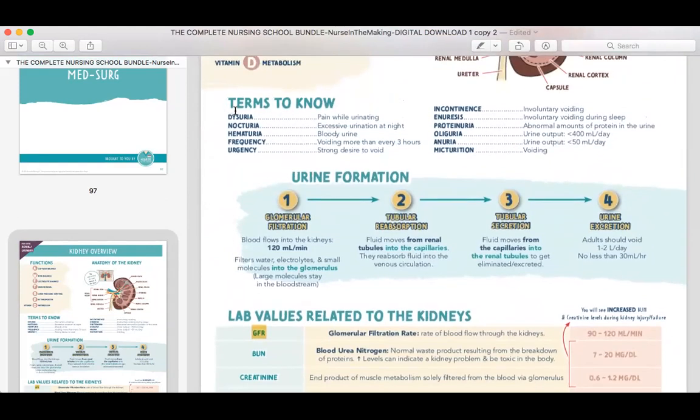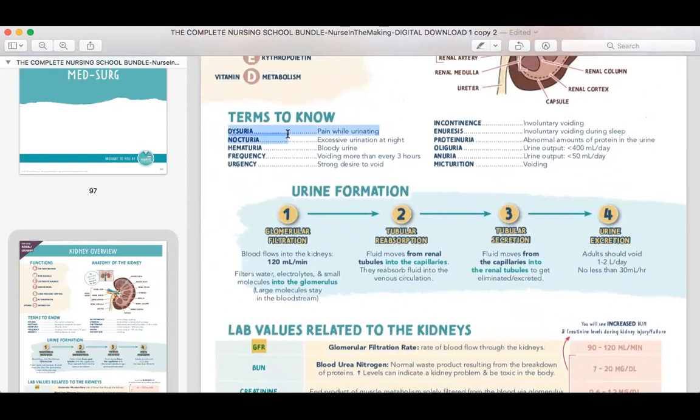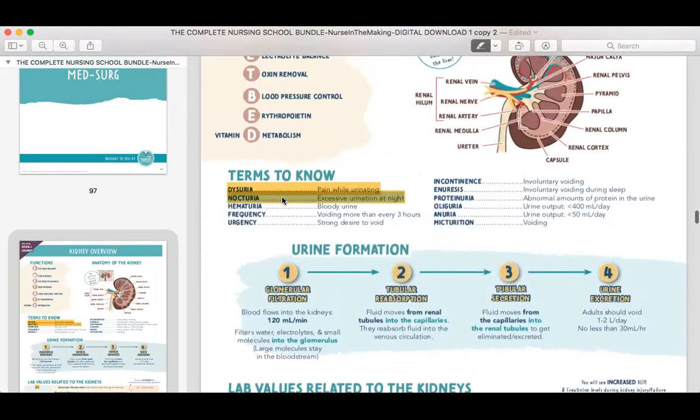So you want to make sure you know that. Definitely make sure you know your terms. Dysuria, pain while urinating, for patients that have UTIs. Nocturia, for night, excessive urination at night, especially for patients that have BPH, benign prostatic hyperplasia, older patients, especially men.